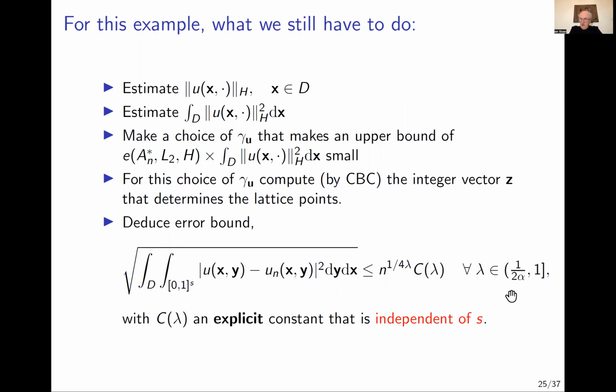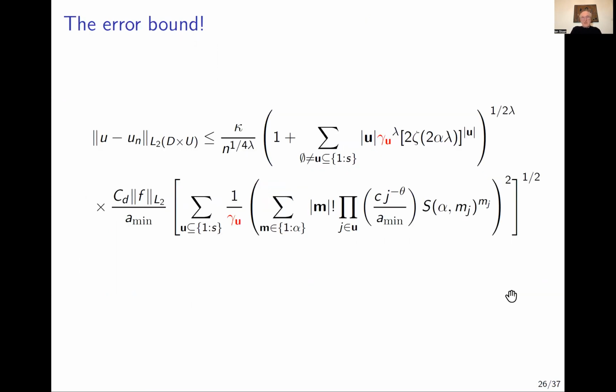It doesn't matter how big your cutoff is, it is independent of s, so it is bounded by something, which with the infinite case you could say. So there's our error bound, and I've still left it there in terms of the gamma u.